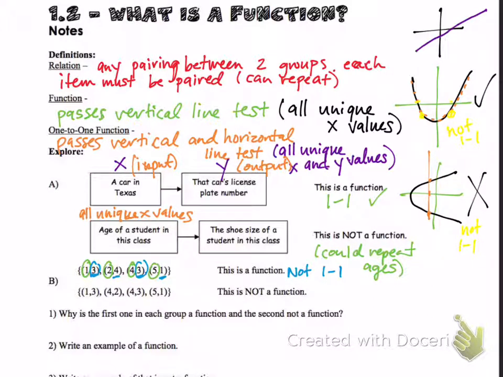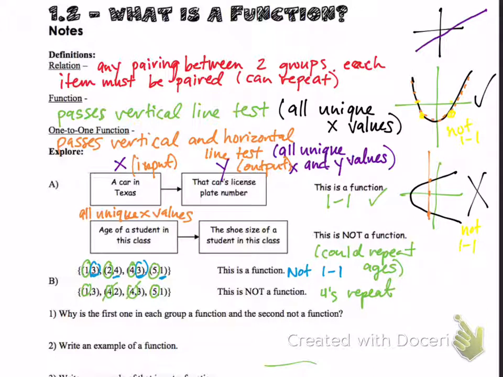I look at part B, it's not a function because why? The 4s repeat. So 1, 4, 4, and 5. These 4s repeat. So if you want to write for yourself, for number 1, it says: is the first one in each group a function and the second not a function?